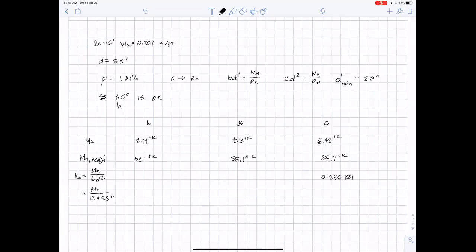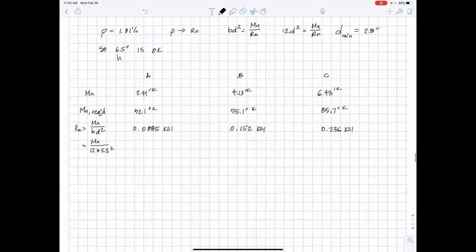Then 0.152 KSI, and this one is very small, 0.0885 KSI.